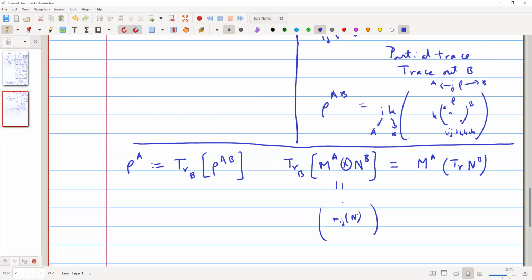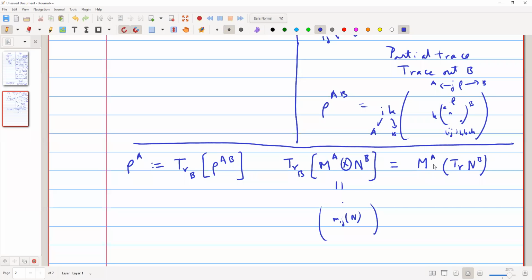Now the partial trace says go to that block and just take the trace of that. The trace of that will be M_ij times trace N. So I'm multiplying each entry M_ij by trace N. That just proves this formula. Is this clear?